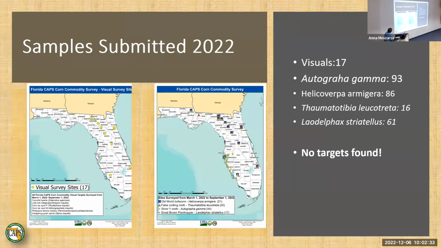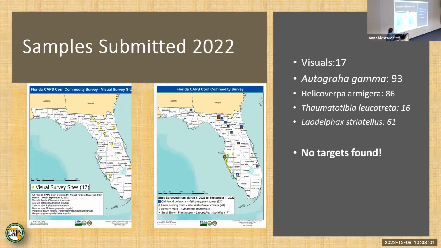Right here I present some of the data we have for this year, until I think November. We processed all the samples, so we have the visual and the numbers about the other species we are trapping. We continue doing that during December.